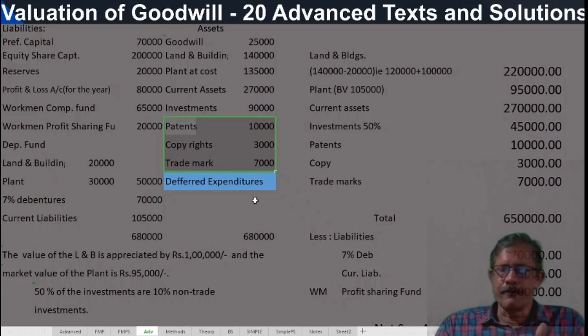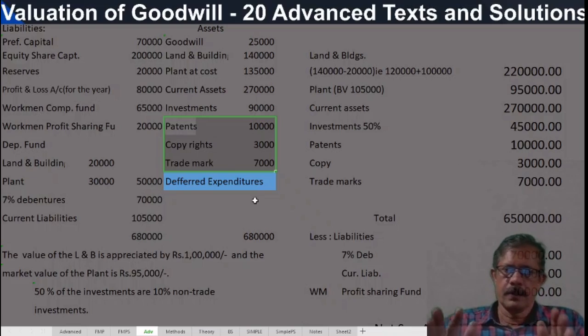Half of the current profit should be deducted from closing capital, on the assumption that the profit has been earned evenly throughout the year. We are valuing intangibles, only assumptions are possible there.